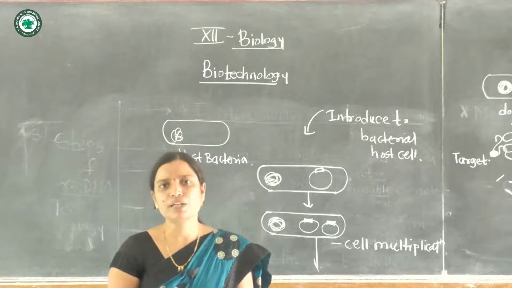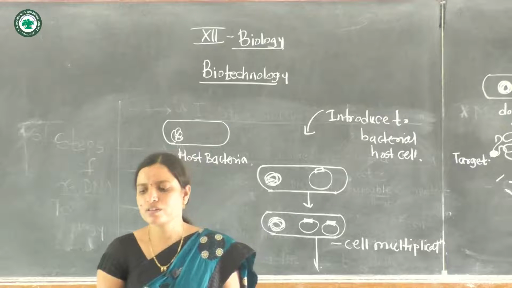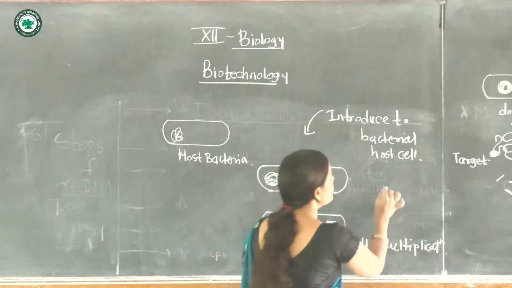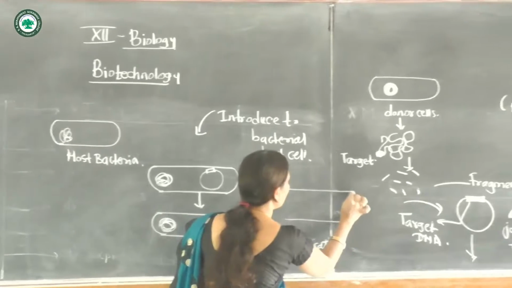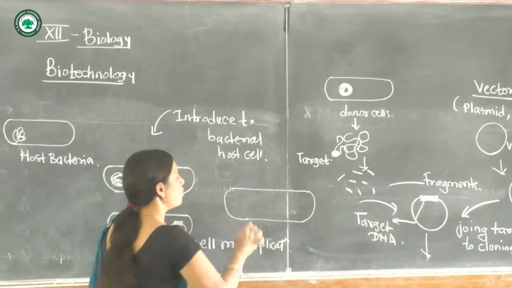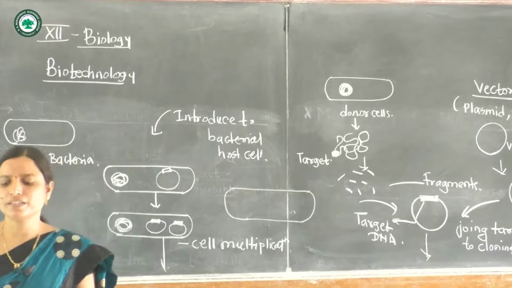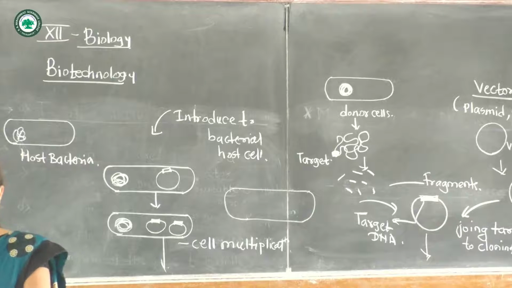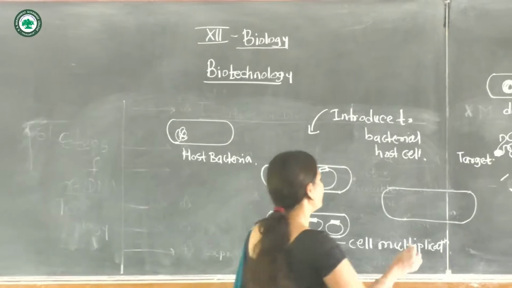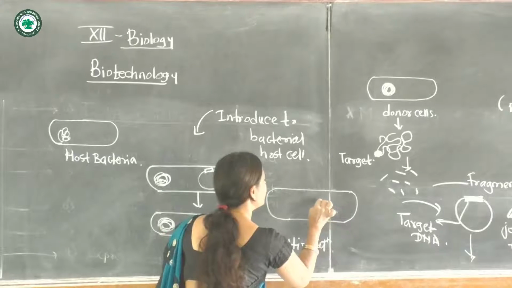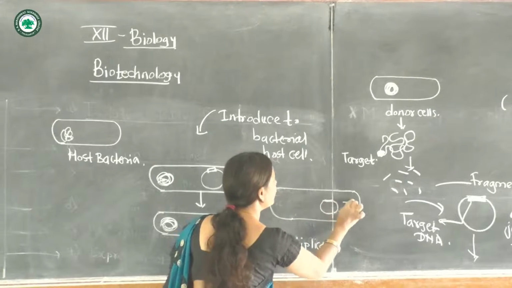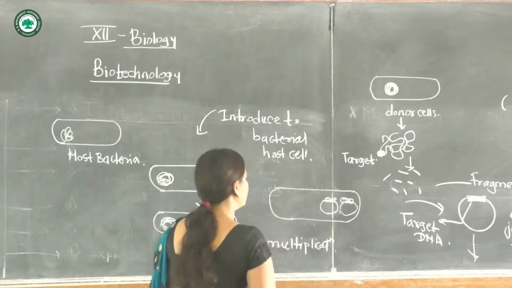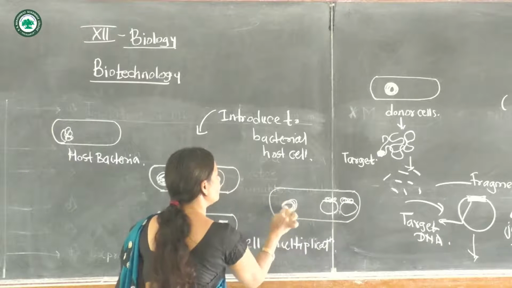Now this cell multiplication or protein products form in the cloned DNA. Now in this bacterial cell the clones form, or many target DNAs are produced, and they form the protein encoded by the inserted DNA. Now this target DNA they can multiply, and these protein codes, meaning genetic materials, are formed.